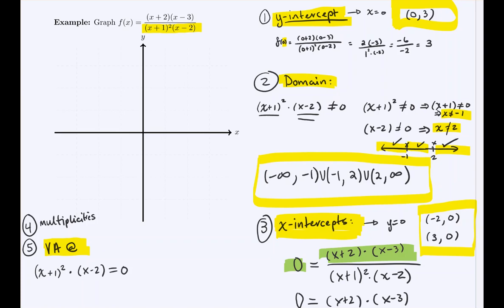Now that's already work that we did with our domain. We found that was at x equals negative 1 and x equals 2. That's where the denominator equals 0. We could do the work again if we wanted to, but we already found it with our domain. We know that's at x equals negative 1 because it makes the bottom term equal to 0, and x equals 2 because it also makes the denominator equal to 0.